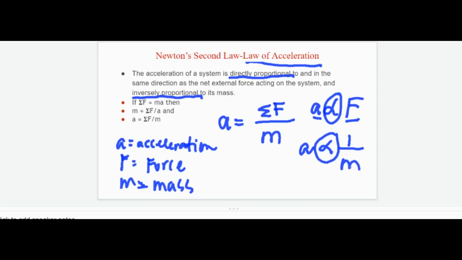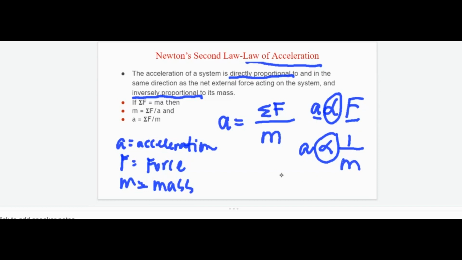What does that mean? If I double my mass, then my acceleration, given the same force, will be half of the original acceleration.